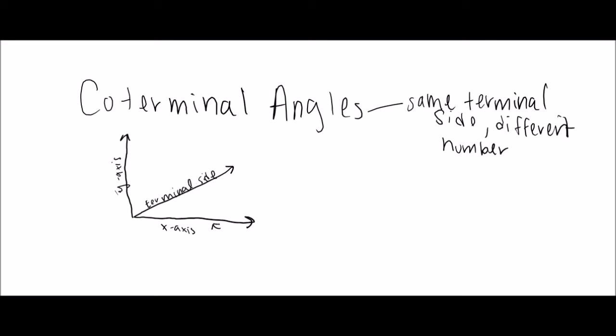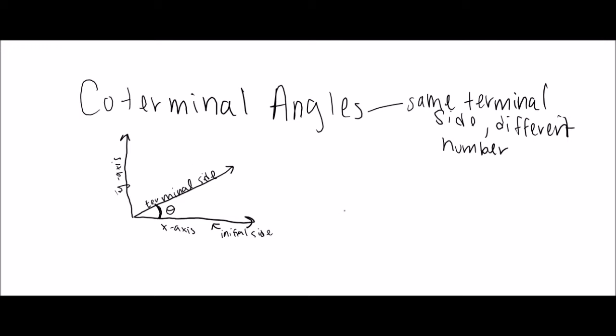In standard position, the initial side is on the x-axis, and this is the angle that we're looking at, so this would be theta. With coterminal angles, we'll see how it might move in a different direction than we're used to, or maybe it's gone around the circle a couple more times, and we'll see that in the next examples.